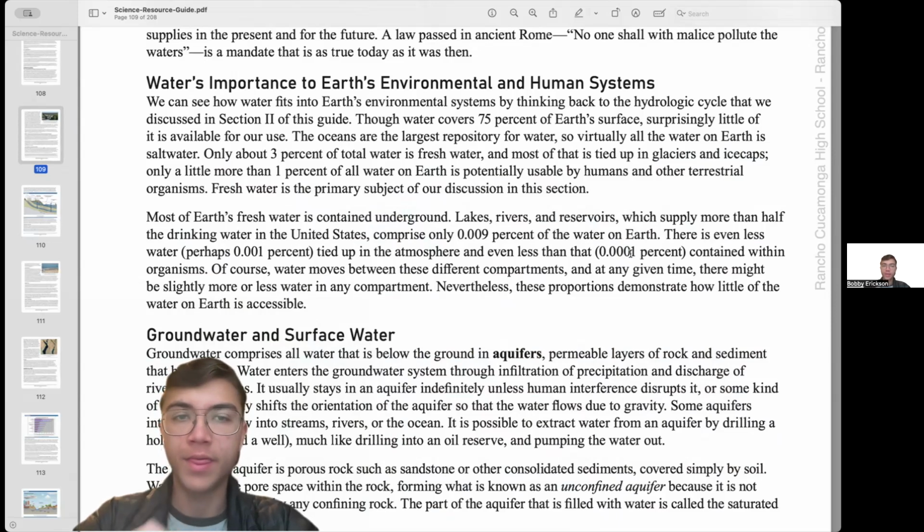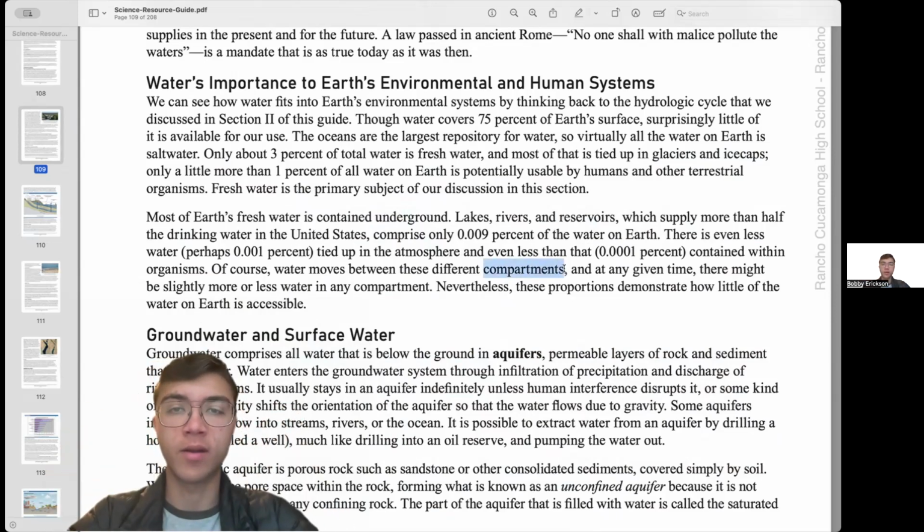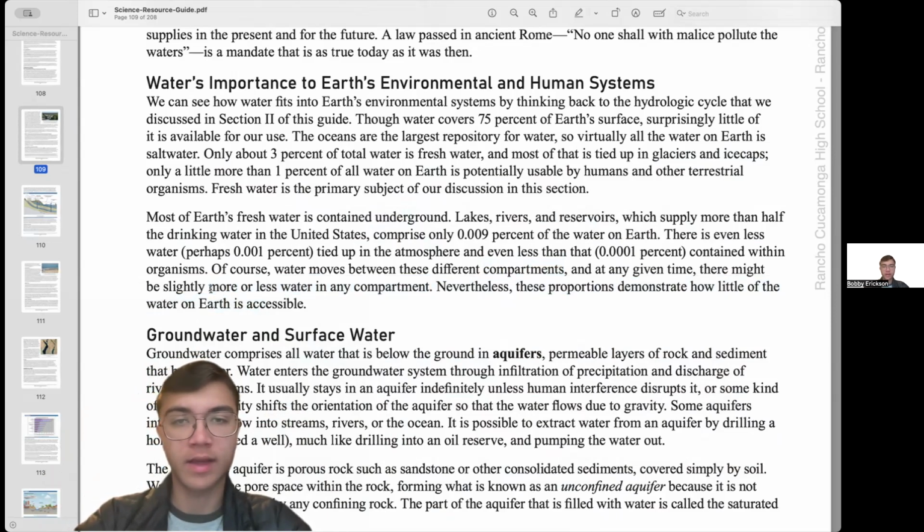Okay, so if we take a look at the different compartments, or areas, where water is stored, there could be a little more or a little less in each, depending on where water is flowing currently in the hydrologic cycle.